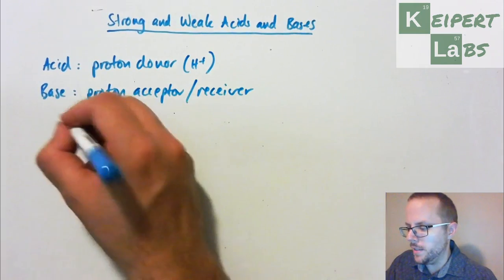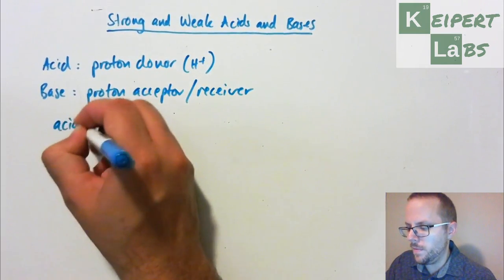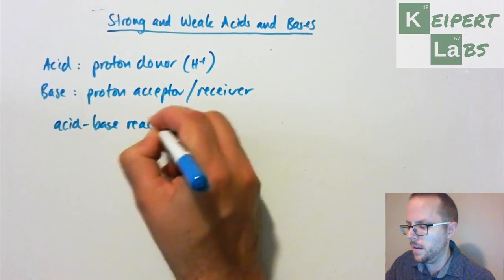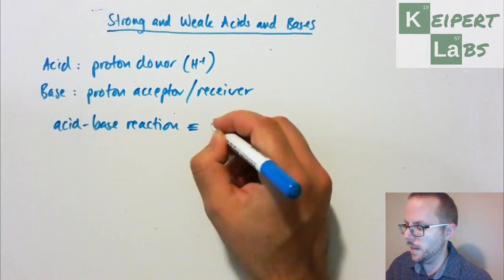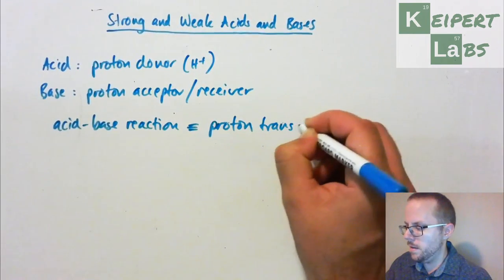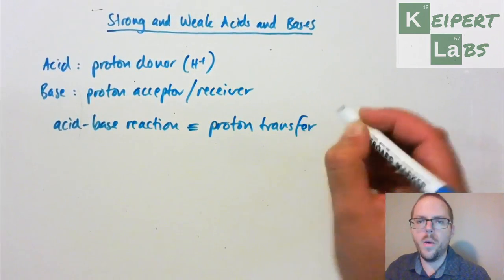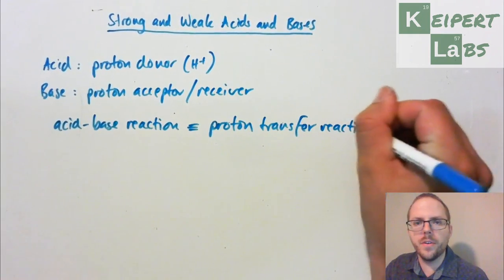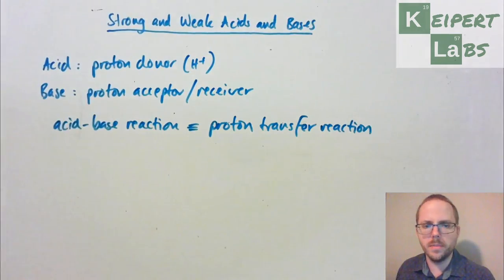So that is an acid-base reaction, which is also known as a proton transfer reaction, because we can recognize that when acids and bases react together, it actually involves the transfer of a proton from one of the species to the other.